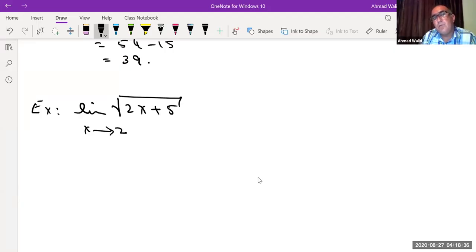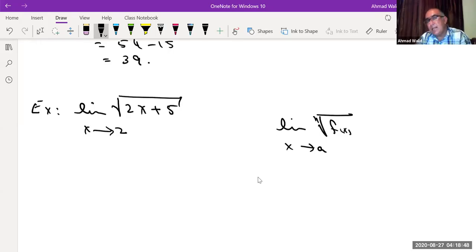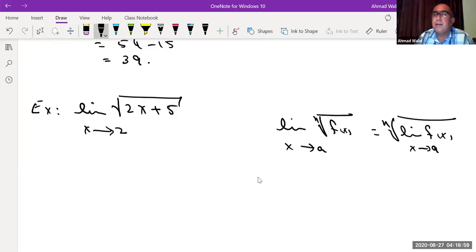I gave you a rule for the radicals, right? If you have the limit of the nth root of f of x as x approaches a, you put the limit under the radical. That means the nth root of the limit of f of x as x approaches a, then take the radical, right?